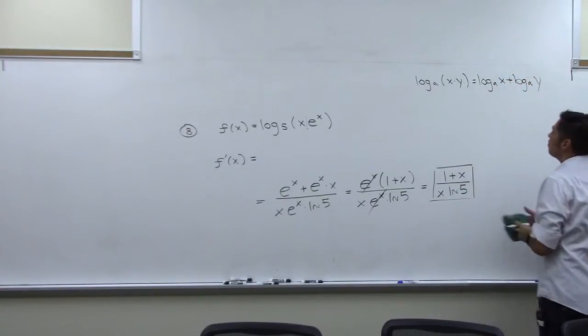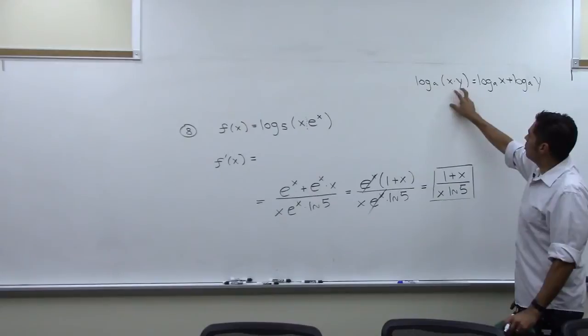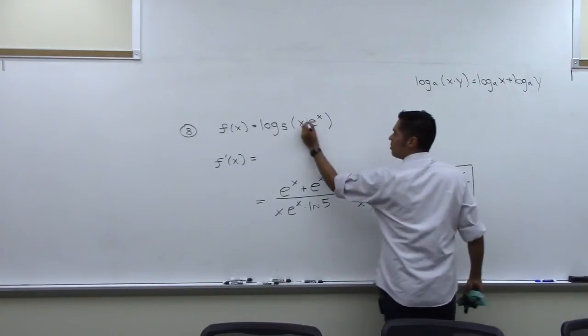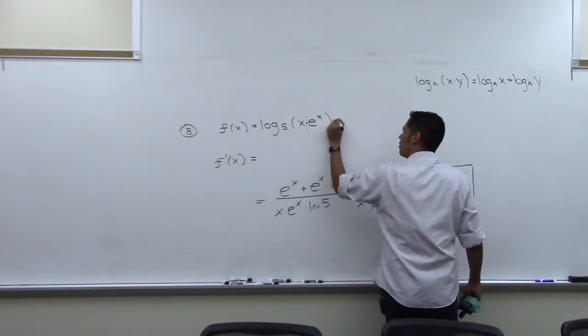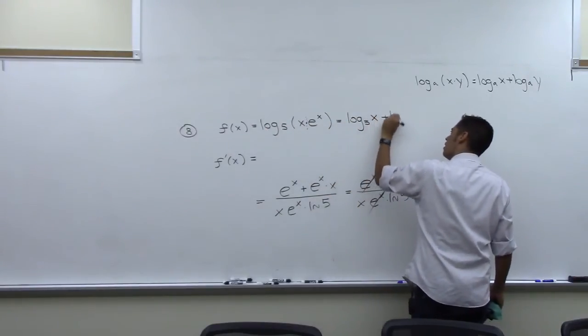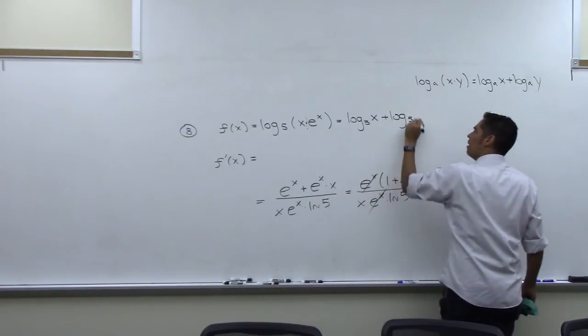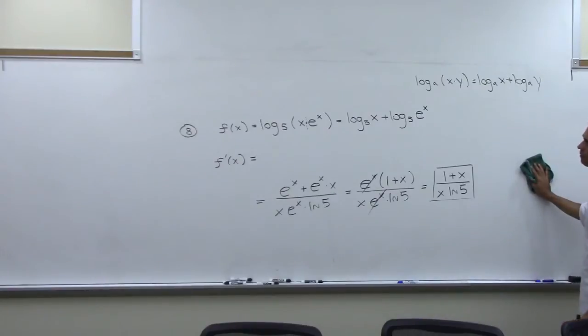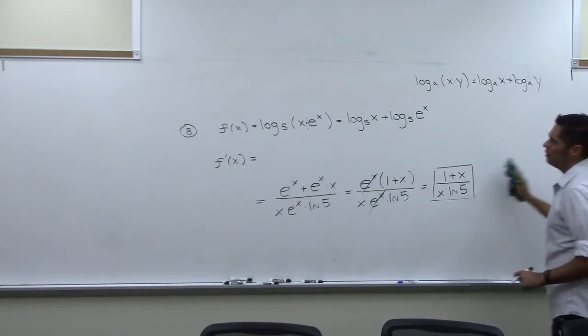So it says that if you have one log with multiplication, it splits into 2 logs with addition. So there's my multiplication inside a log. So I can rewrite this as log base 5 of x plus log base 5 of e to the x. I'm going to leave this right here.